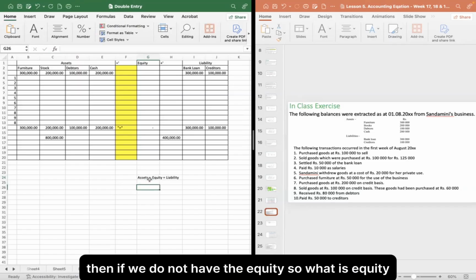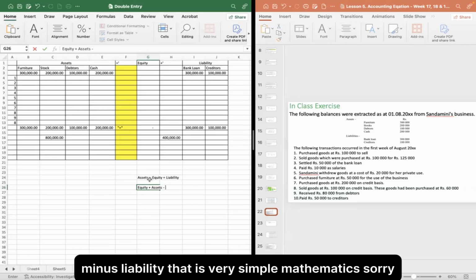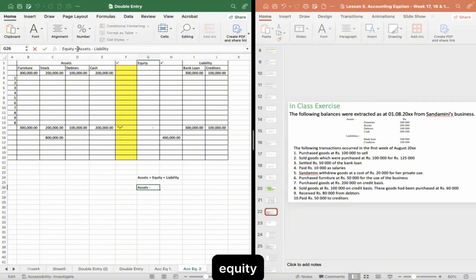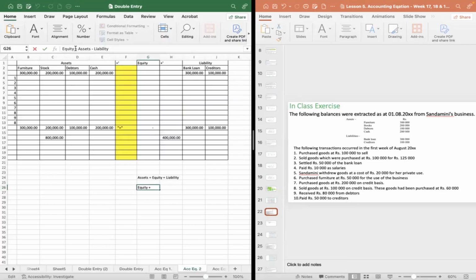If we do not have the equity, so what is equity? Equity will be assets minus liability. That is very simple mathematics. So, sorry, equity is equal to... why is that happening?